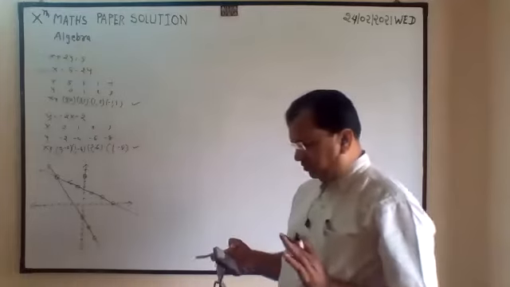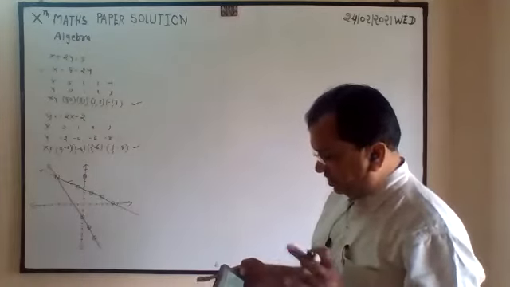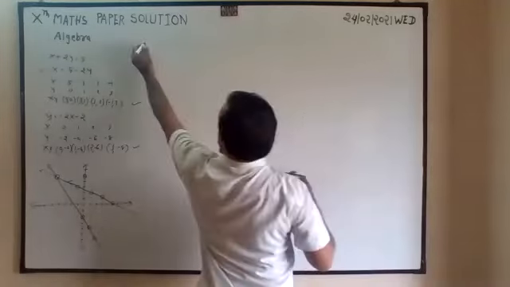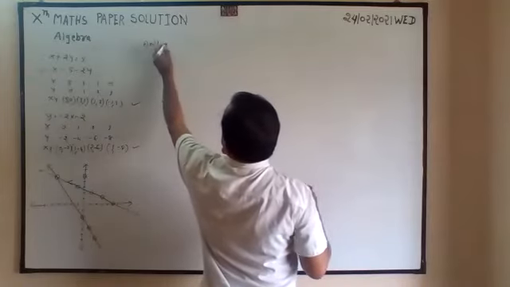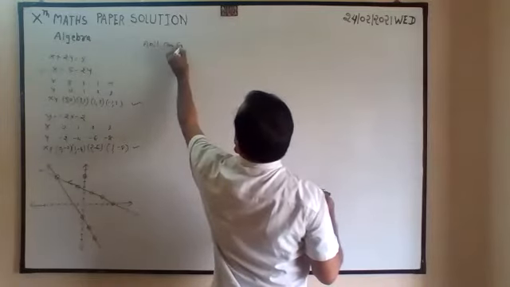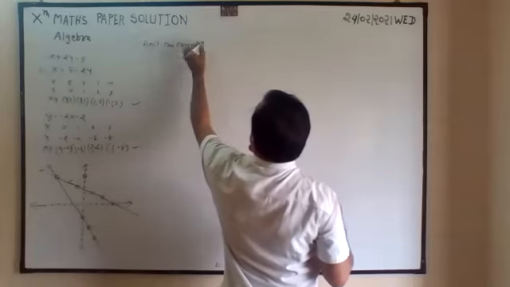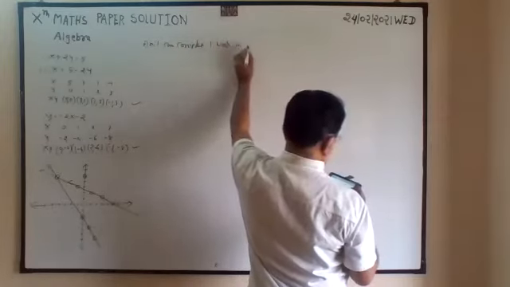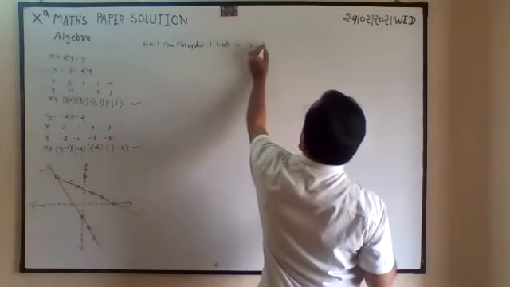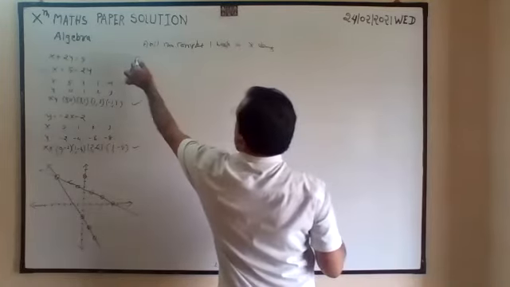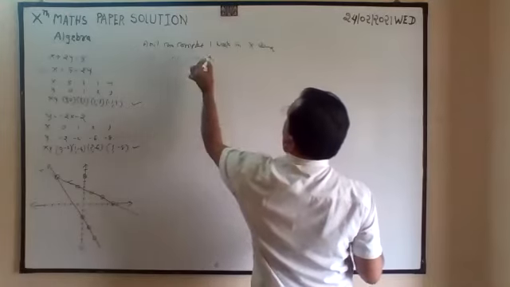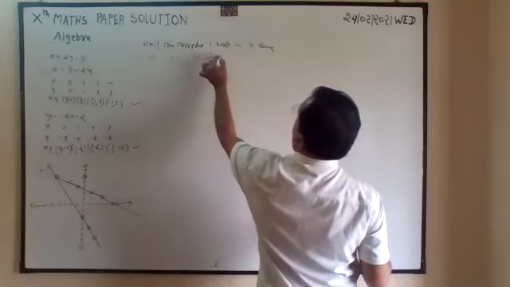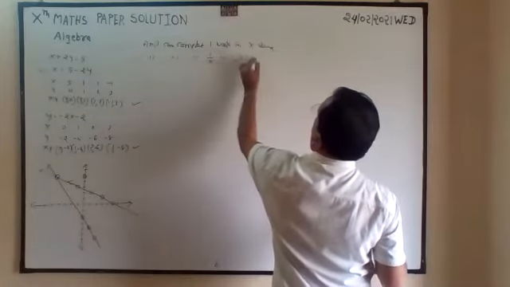Sunil takes 5 days more than Anil. So Anil can complete one work in X days. Therefore, Anil can complete 1 by X work in 1 day.